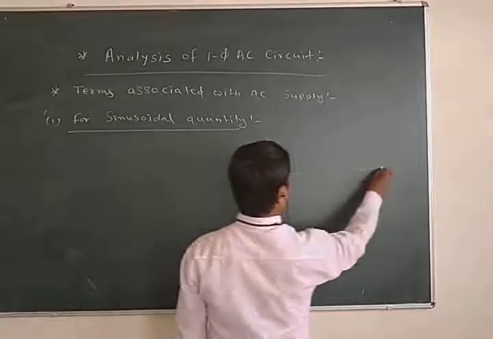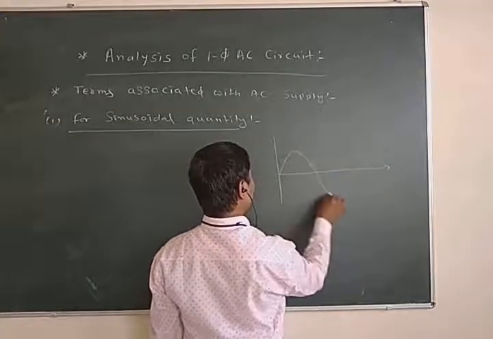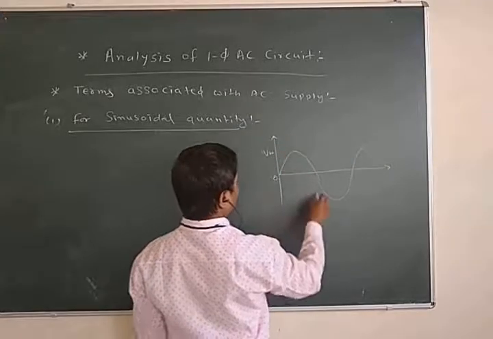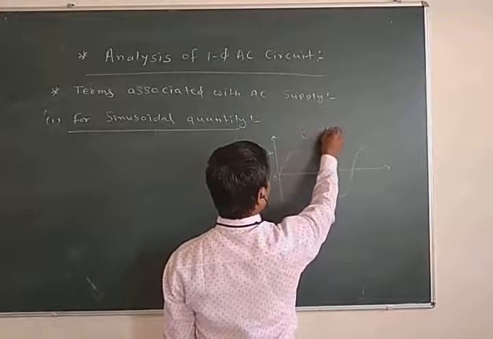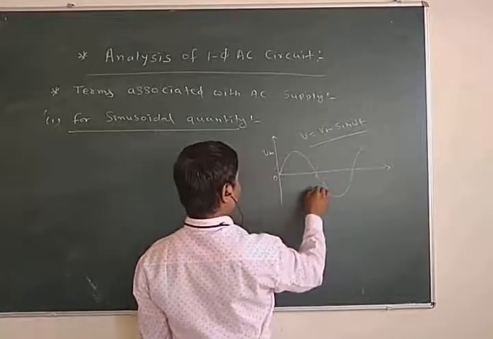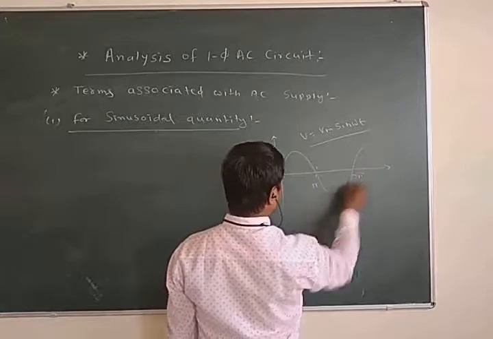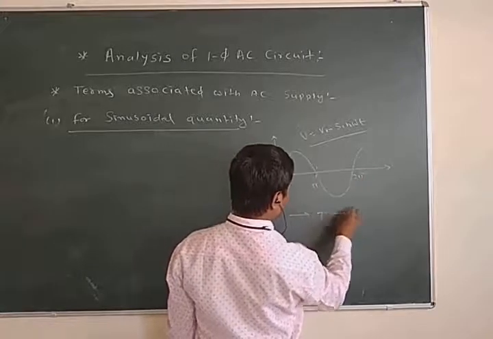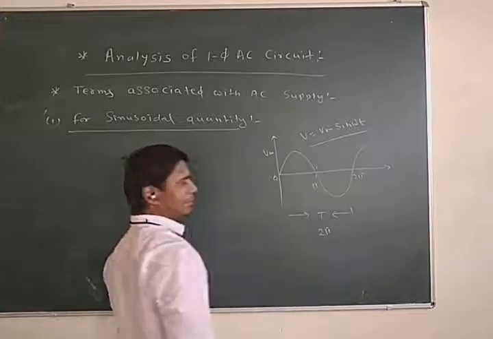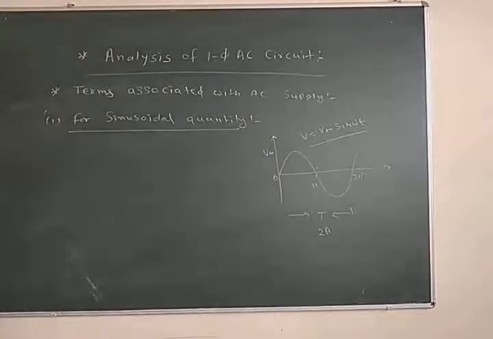This is the voltage wave. Shape is sinusoidal and function is equal to Vm sin omega t. Its total time is 2 pi, and half time is pi.